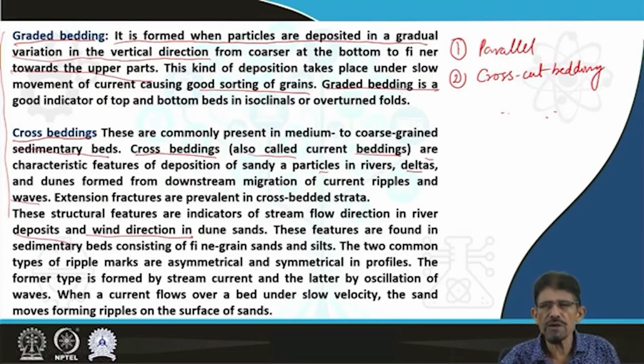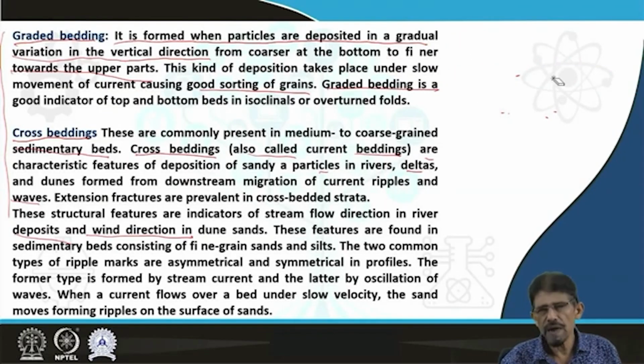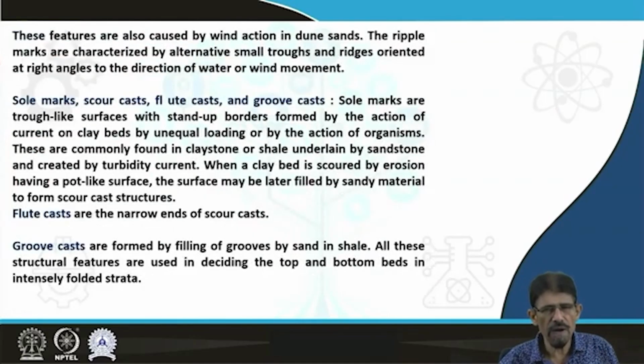Another agency may also be responsible, but mainly wind and water are the two responsible for formation of current cross bedding. This structure is important for paleocurrent analysis because it is formed by migration of waves.